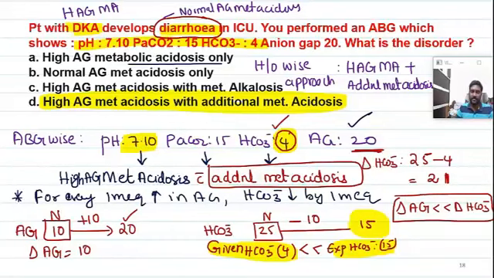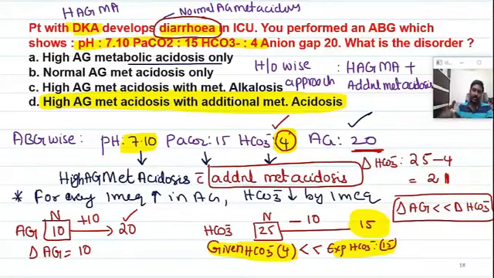It means that the anion gap has increased, but bicarbonate has significantly fallen down. So when compared to the rise in anion gap, the fall in bicarbonate is more. Bicarbonate has fallen down excessively.